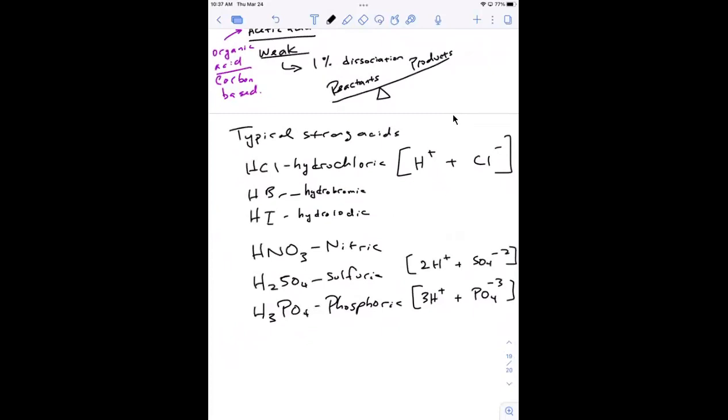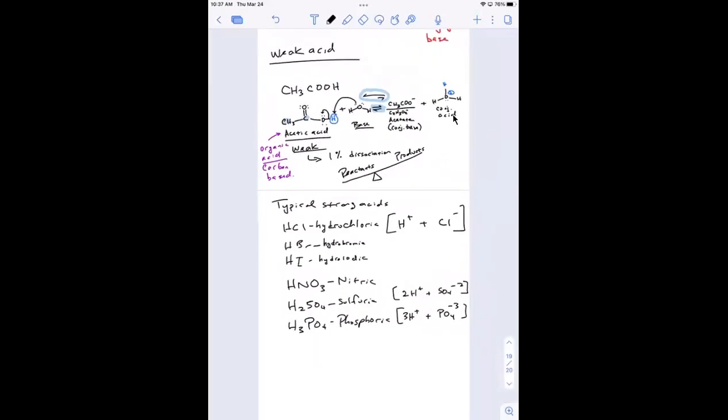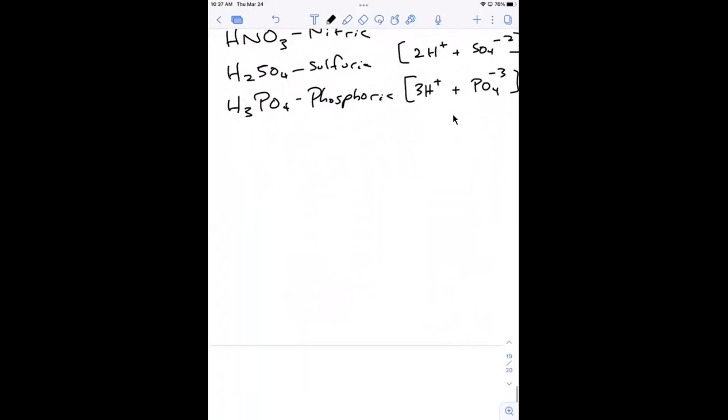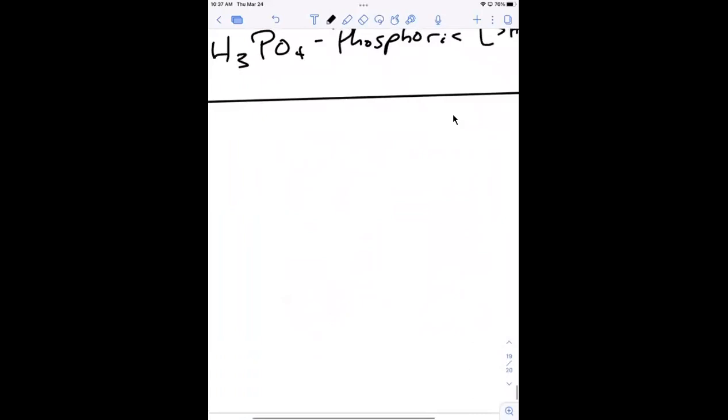Now let's talk for a quick second about bases. If you have a Bronsted base, that's a strong base. When you take a base and dissolve it in water, typically your base is going to yield a hydroxide ion.